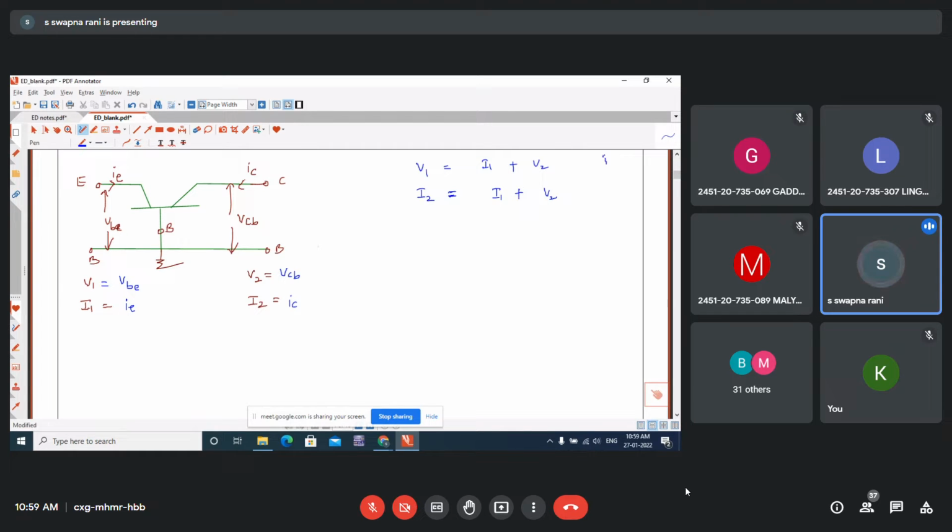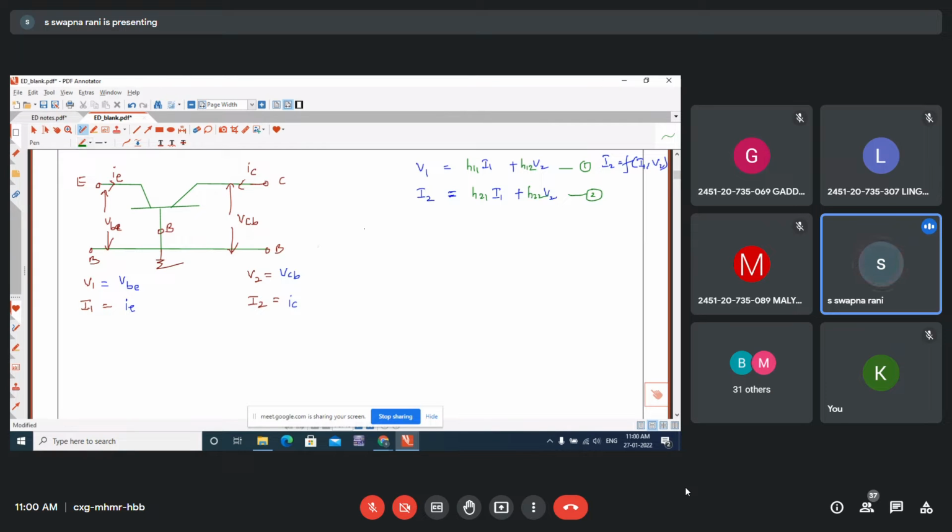You can remember this thing, I2 is a function of I1, V2. Right? So next, H11, H12, H21, H22. So many times I am writing for your sake. I don't know how many you are writing in the notes simultaneously along with me.